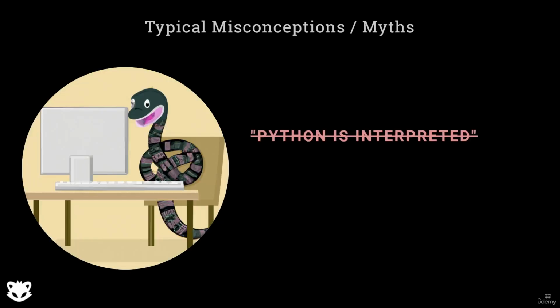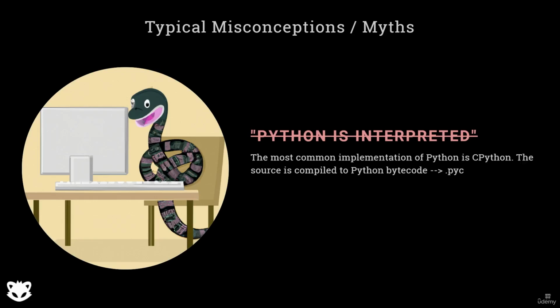I also hear very often that Python is interpreted. Well, of course, interpreted is not a characteristic of a language, just as we said. But let's talk about the most common implementation of Python, and that is CPython. That's what you see most of the time when you analyze Python-based malware.